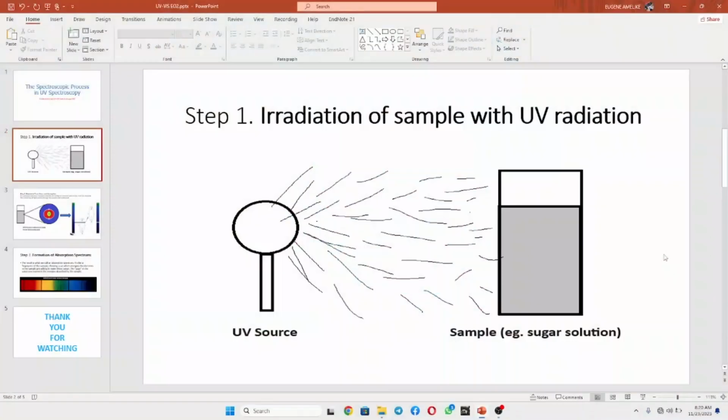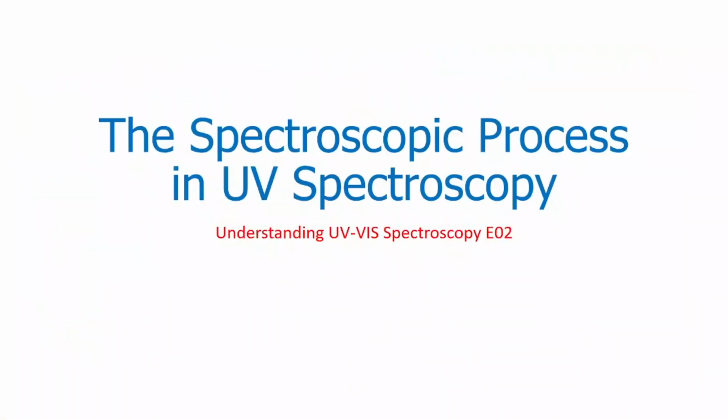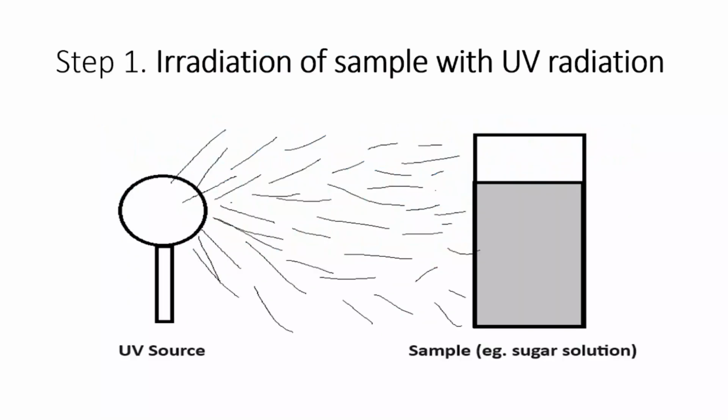This is what we are going to be dealing with today: the spectroscopic process in UV spectroscopy. Understanding UV-Vis spectroscopy, episode 2. In the UV spectroscopic process, there are a few steps that we need to acknowledge or pay much attention to.